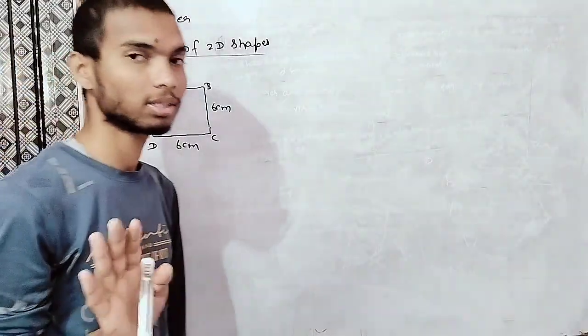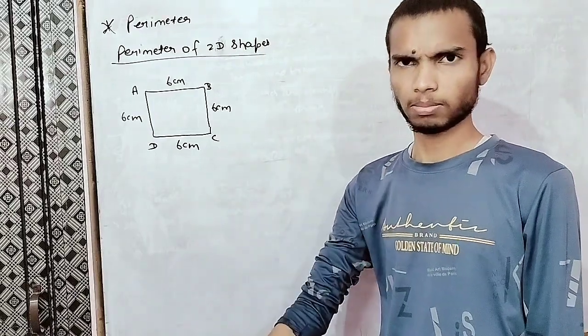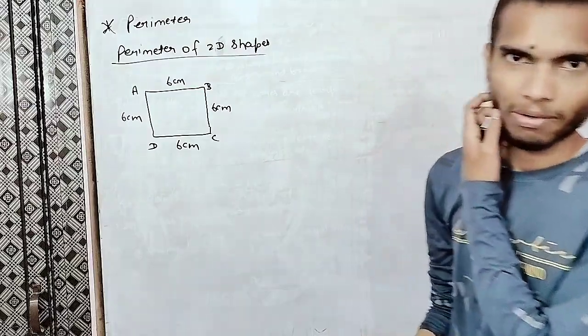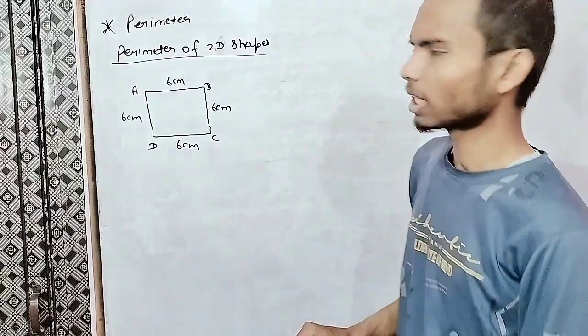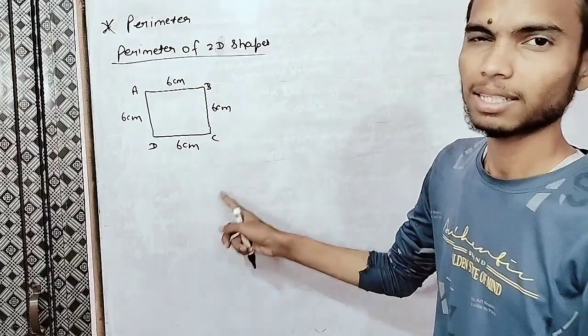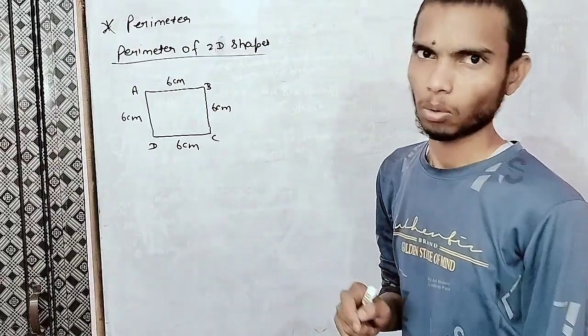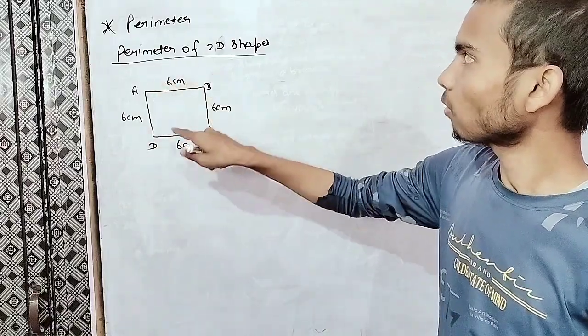It is our question. Of course, we understood about 2D shape, 3D shape. Now, we are talking about the perimeter, the meaning of perimeter. We have this 2D shape. We can't say this is a 3D shape. No, this is not a 3D shape. So, where is the perimeter of this shape?